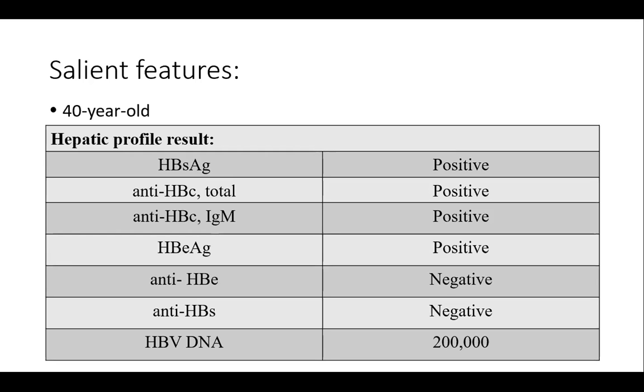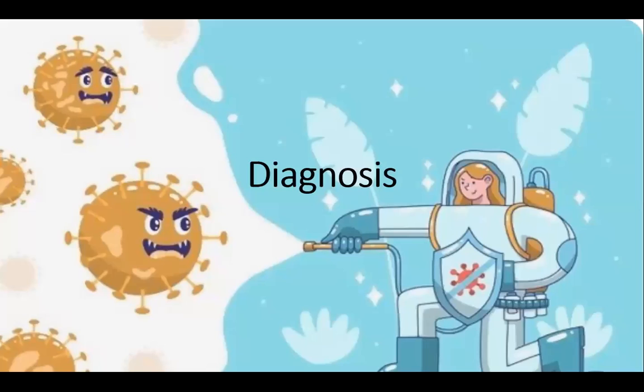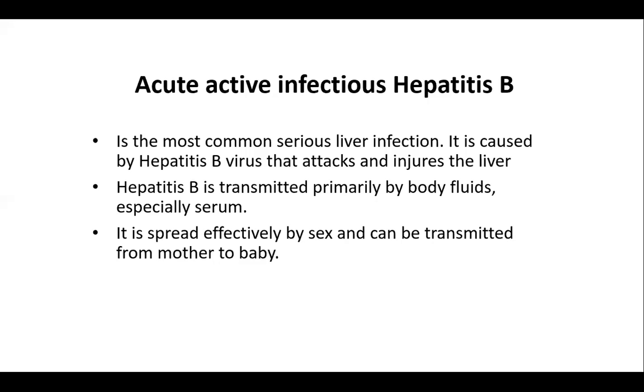Next, anti-HBe and anti-HBs both tested negative, and the HBV DNA is 200,000. So next slide, please. Our diagnosis is acute active infectious hepatitis B.